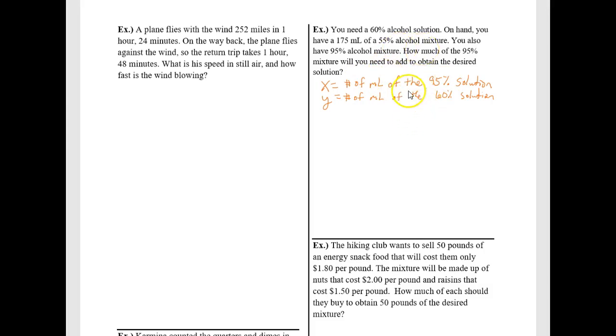Alright, now we've got our two variables, we can write our two equations. The first one that I usually start off with is the total: how much of the first type I'm going to mix with how much of the second type to get the total amount of milliliters. I know I'm putting in 175 milliliters of the 55%, plus we don't know how much of the 95%, so that's the x variable, and that will equal the total amount, which we don't know.